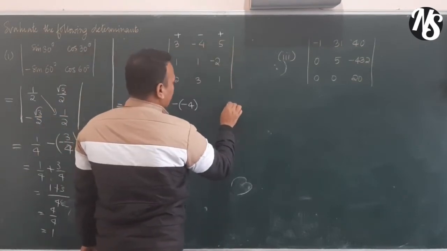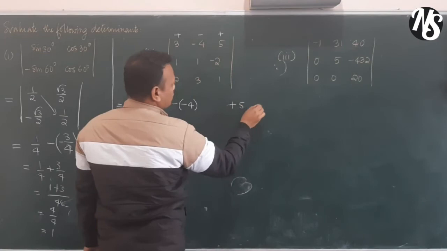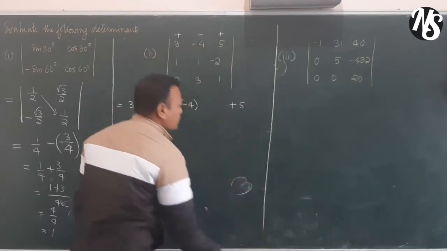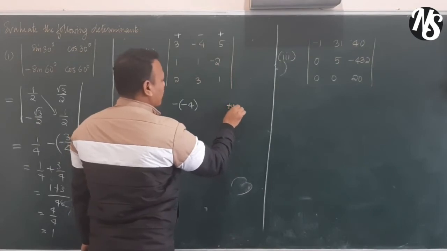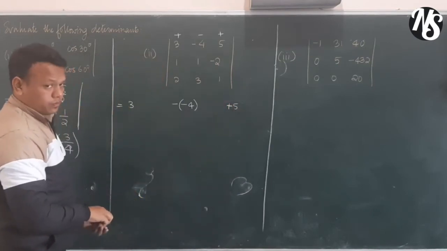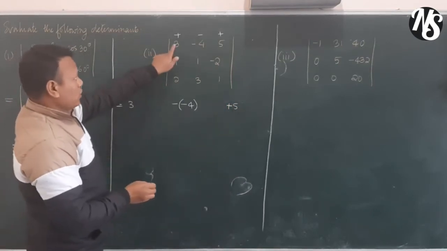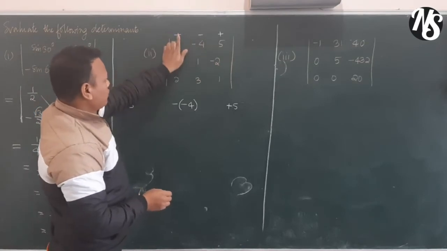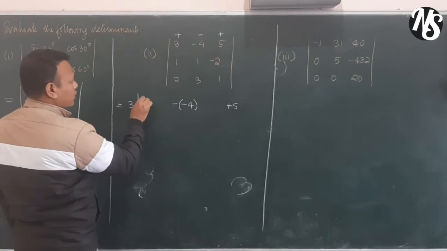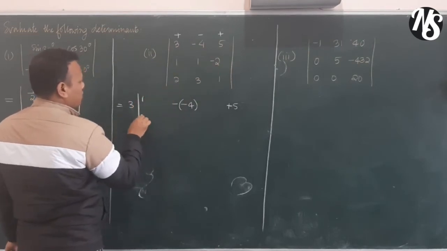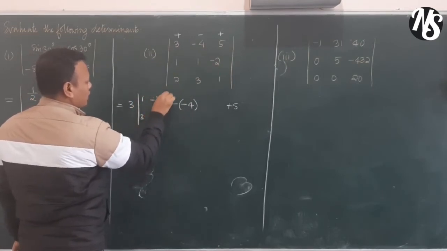So let me draw a margin out here. Now I told you remove this row, remove this column, so you get 1 3, minus 2 and 1.